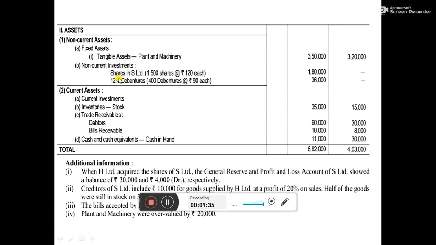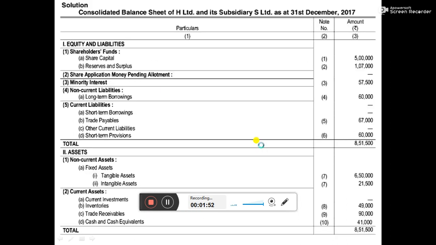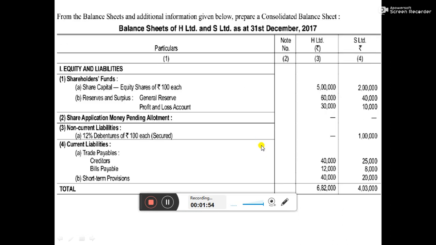It is mentioned that H Limited is having 1,500 shares in S Limited, and H Limited has paid 1,80,000 rupees for them, which clearly means that H Limited is holding S Limited.